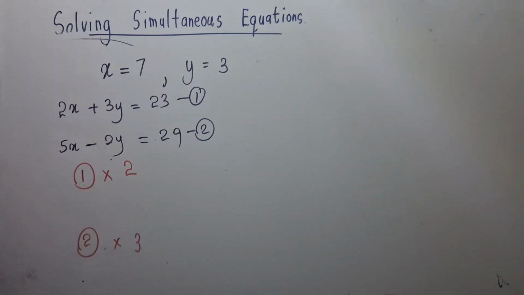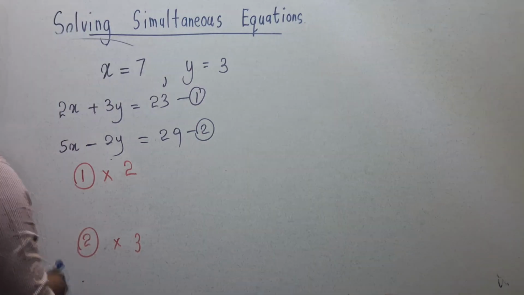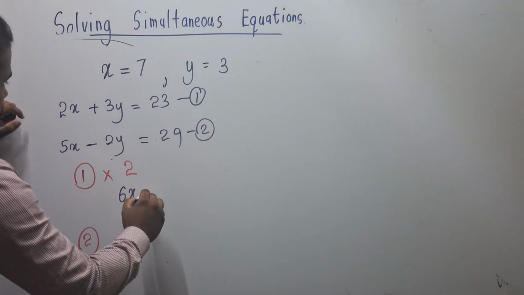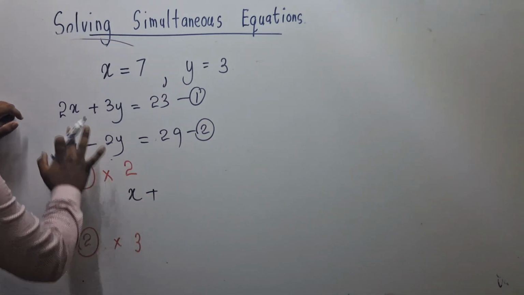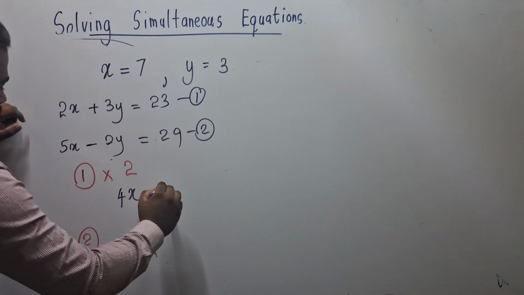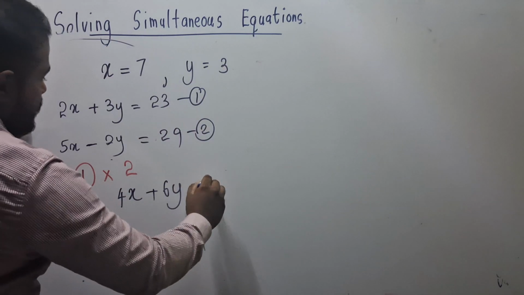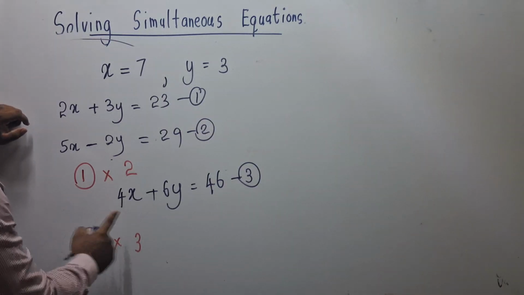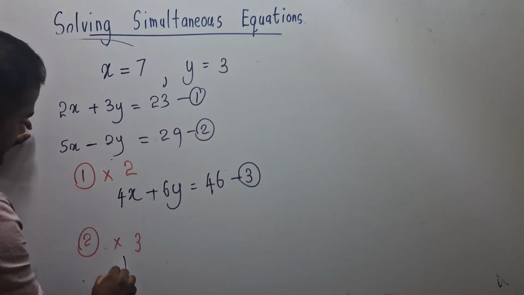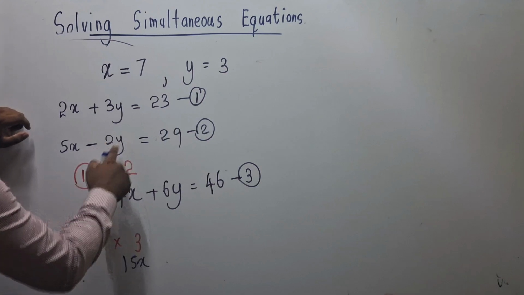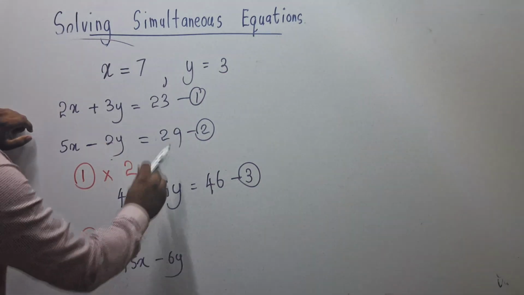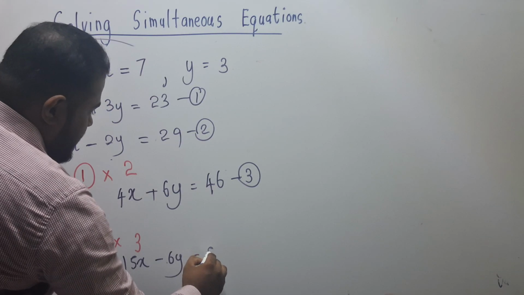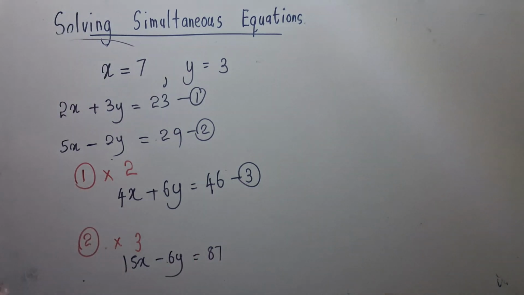The first equation multiplied by 2 gives 2x times 2, 4x, 3y times 2, 6y, 23 times 2, 46. I am naming it as the third equation. Second equation by 3: 5x times 3, 15x, minus 2y times 3, minus 6y, 29 times 3, 87.